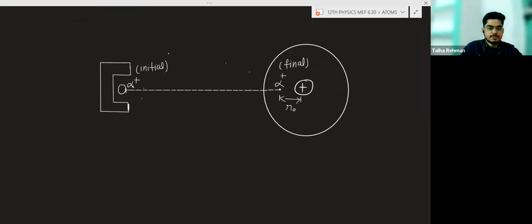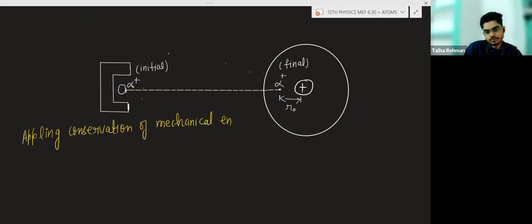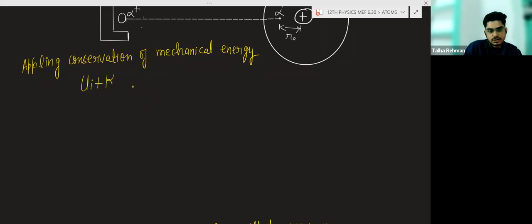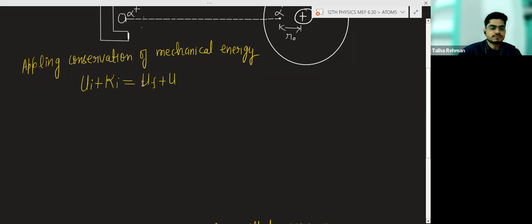Conservation of mechanical energy means initial potential energy plus initial kinetic energy is equal to final potential energy plus final kinetic energy.